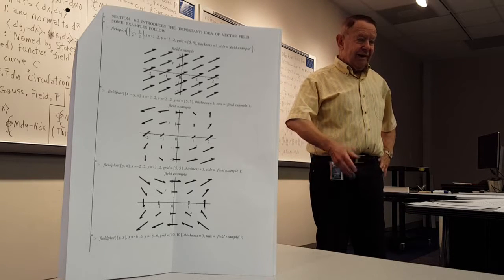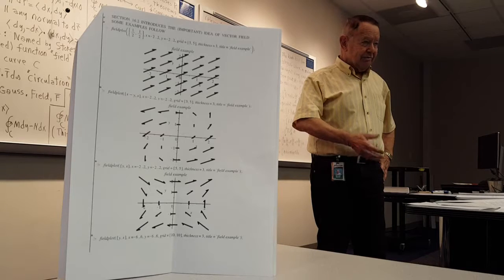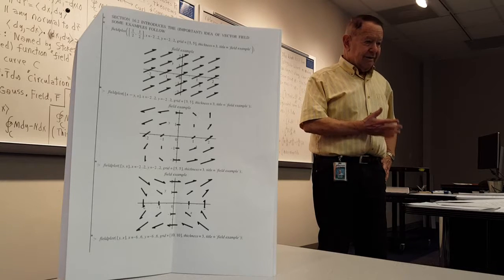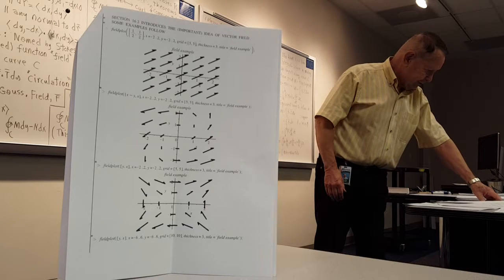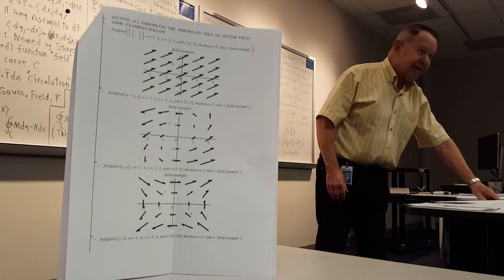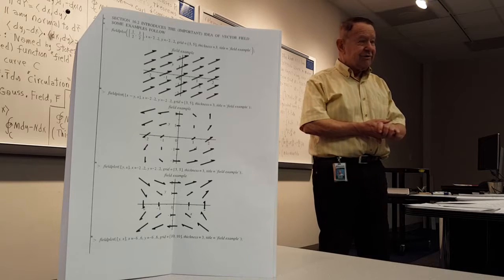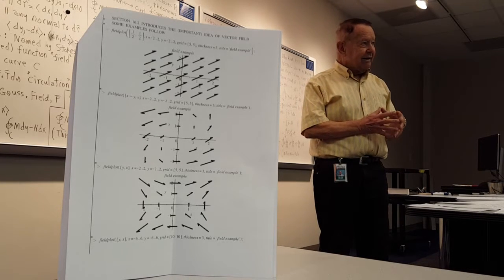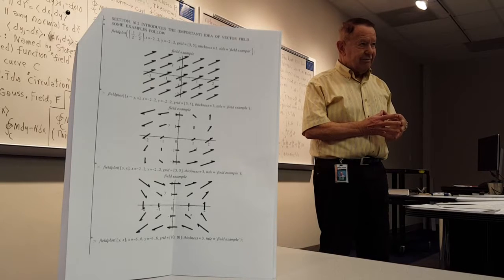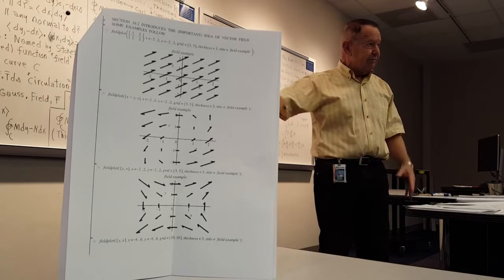So the curl of your translational velocity, which would be the vector 1/2, comma 1/2 in this picture, would be 0. So therefore the angular rotation would be 0, which we proved yesterday.